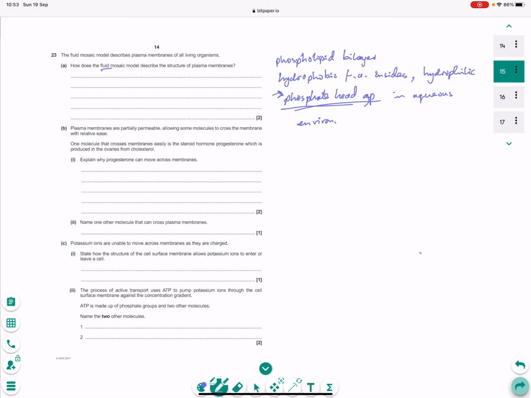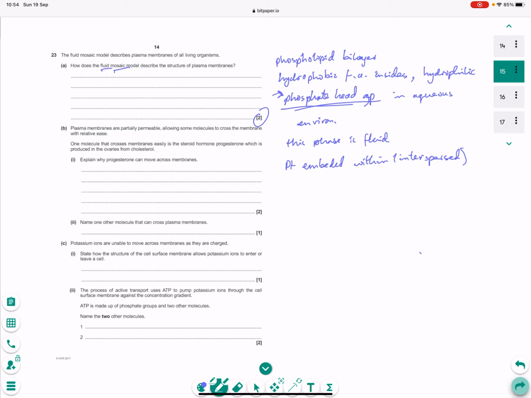Fluid, this phase is fluid. It just means that the phospholipids shuffle about. Mosaic, so proteins are embedded within. How does it describe? I guess they're sort of interspersed. Something like that. It's only 2 marks.